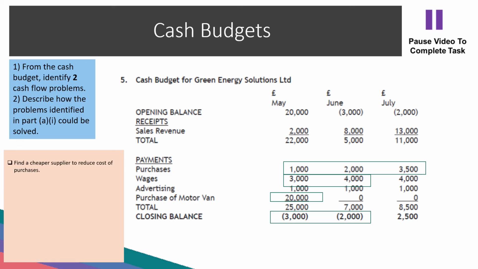So if your purchases are increasing, then you need to cut back on purchases, and you might decide, I'm going to find a cheaper supplier. You might negotiate discounts for bulk buying or prompt payment, just to get that figure down a wee bit.